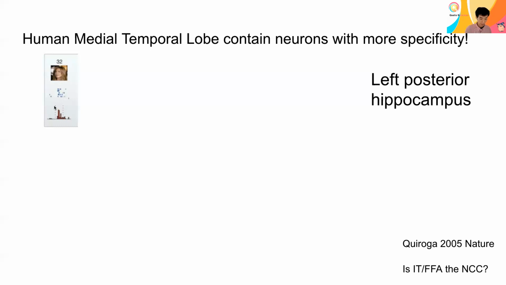During the period of 500 milliseconds, this dotted line here corresponds to 0 to 500 milliseconds or so, that particular neuron spiked about 5 times in each trial in which they presented Jennifer Aniston.